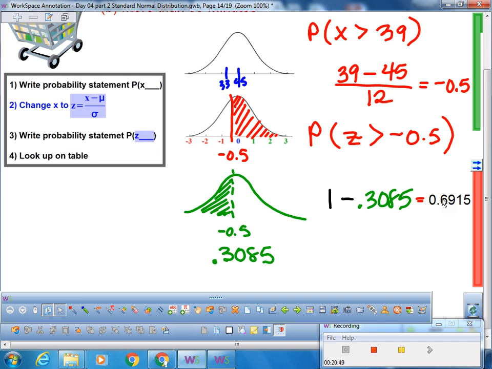I want the right side. So I take the whole thing and subtract. This right here, that's your final answer, 69%, which makes sense, right? If we were to look at a normal curve and we were a little bit over here, and I add up all these numbers, plus half of this one, 34, plus 13.5, plus 2.35, you would get that number too.